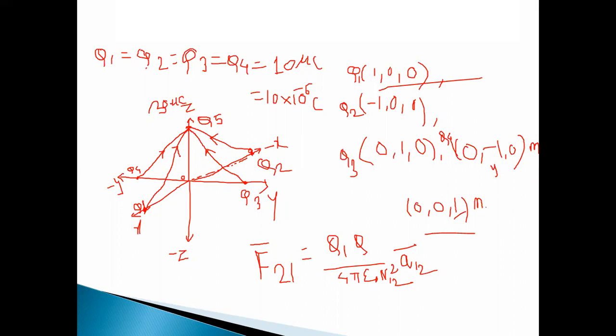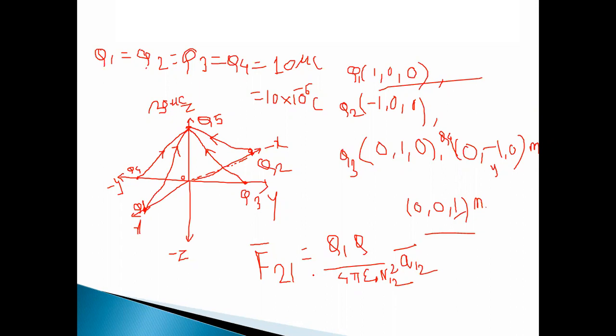What will be the force due to charge q1? The force is acting on charge 5, and there are four forces. So what is the force acting on charge q5 due to charge q1? It is F bar 5-1.